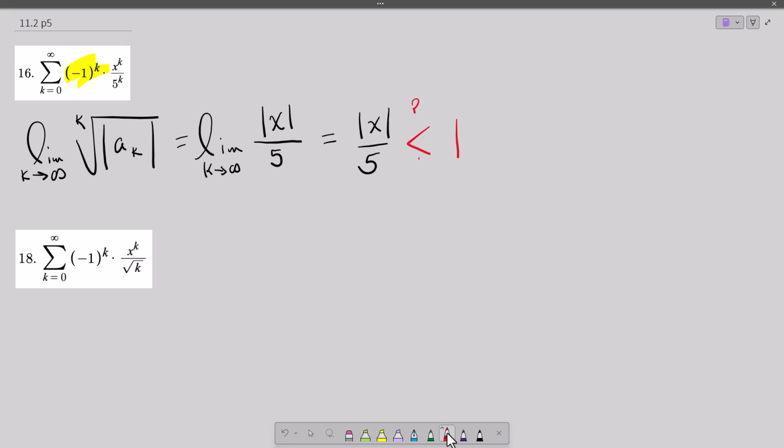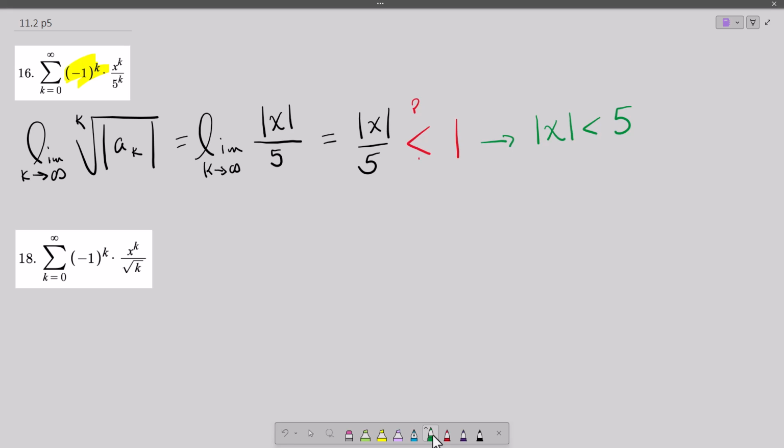Some x's will make that inequality true, and there are other x's that will make it false. If you plugged in a 1, it would be true. If you plugged in a 10, it would be false. So this tells us that the absolute value of x has to be less than 5. So we multiply both sides by 5.